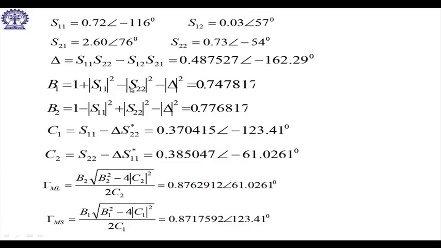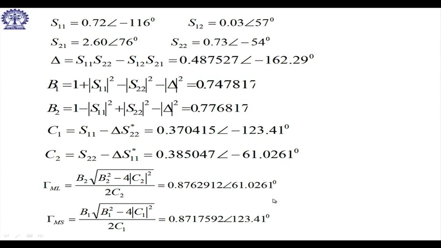Now, see in the presentation that B1 will turn out to be this, B2 is this, C1 is this, C2 is this. Remember B's are real values, C's are complex quantities. So, here we are calling gamma L with a subscript m, because we are doing conjugate matching.